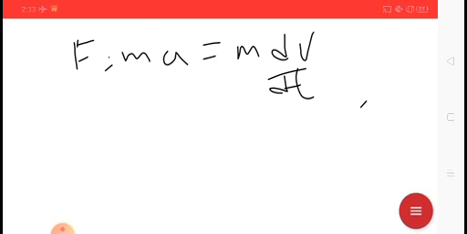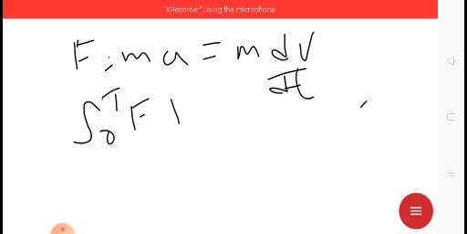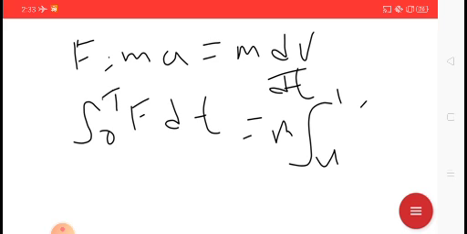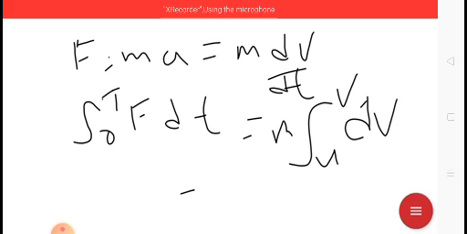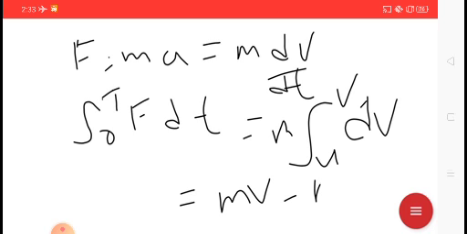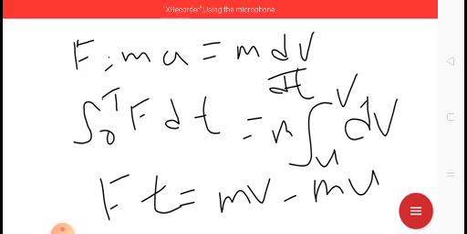If you want to separate this to two sides, integrating until a certain time, F dt, we assume F is constant, and m, you integrate u to v dv. So by simplifying, you have mv minus mu. So we assume the force is constant, so that Ft equals mv minus mu. So this is for part 2.